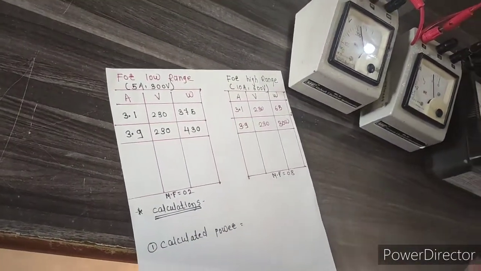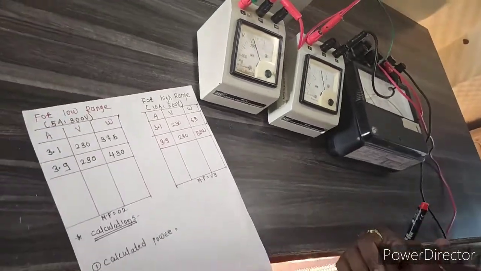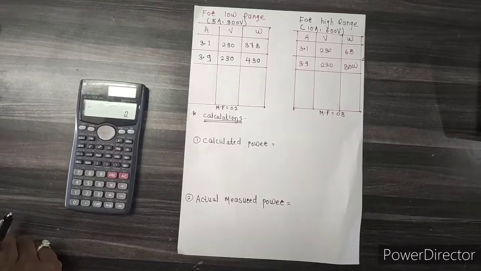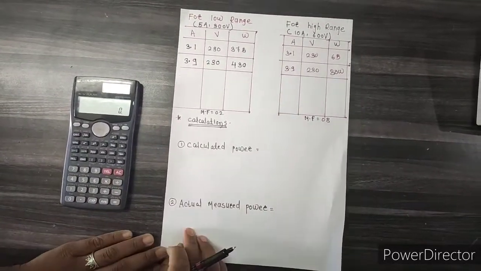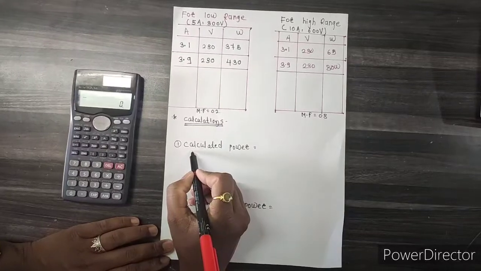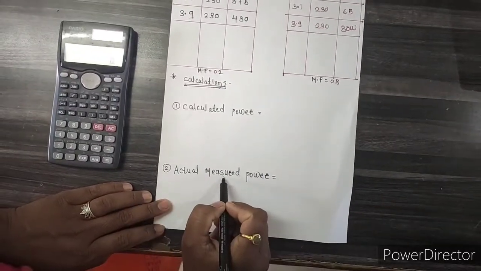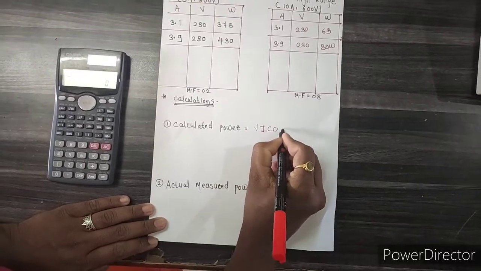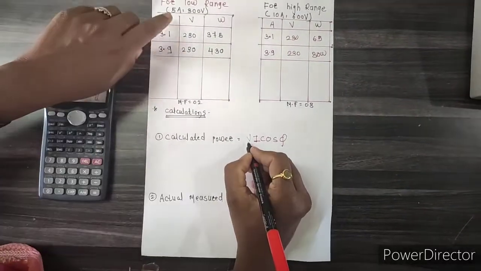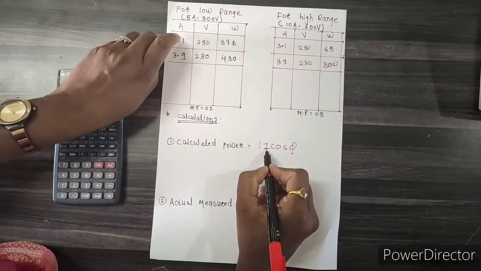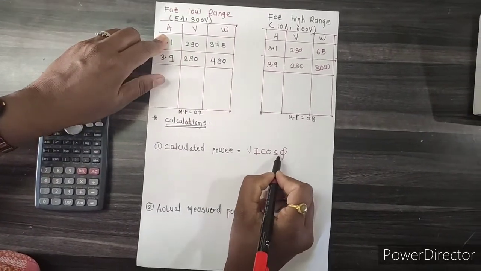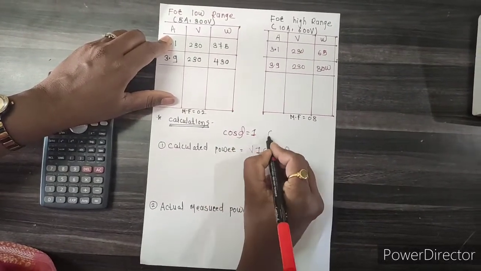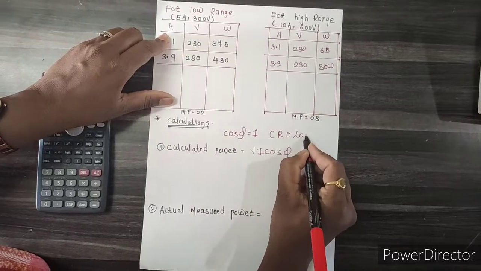Okay. Next we have to do the calculation. Now from the reading table we have to calculate. The first one is the calculated power and the second one is the actual measured power. For the calculated power, there is a formula: VI cos phi. V is the voltmeter reading, I is the ammeter reading, and as we know, for a resistive load we take the power factor equal to 1.